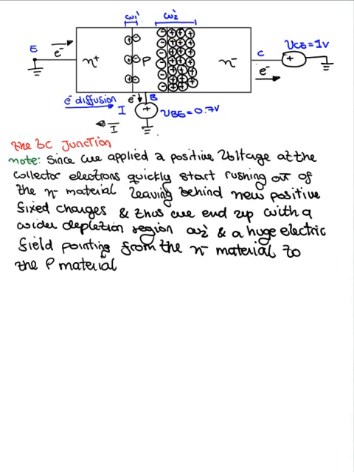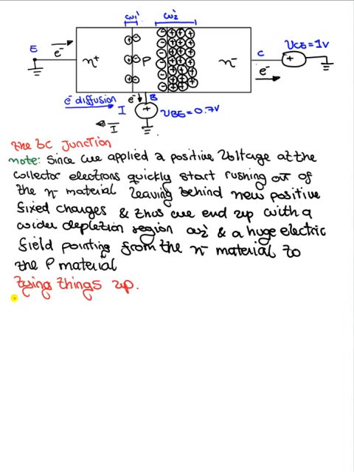Okay, so now tying things up. This is a very important section here, because we take both of the effects that we talked about, and using them we describe the behavior of the BJT.